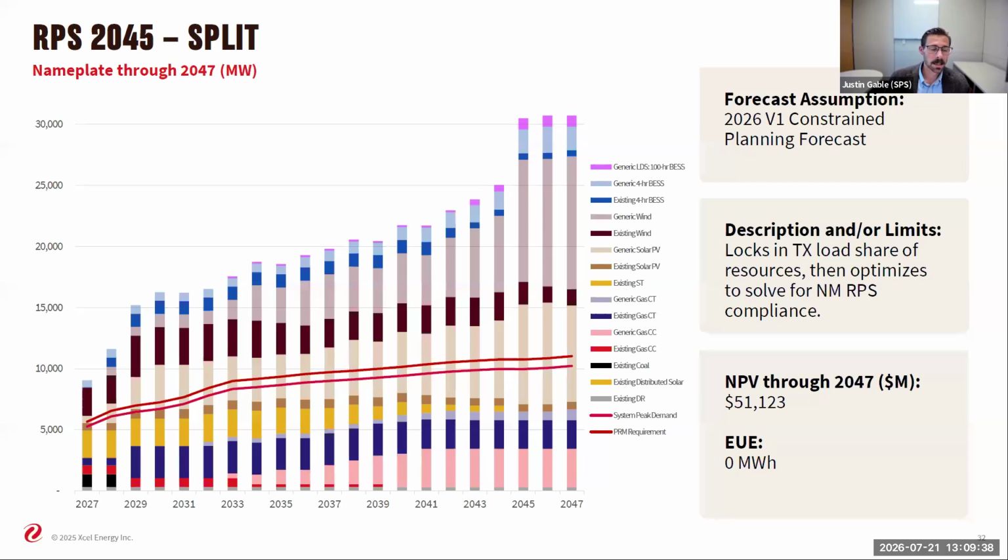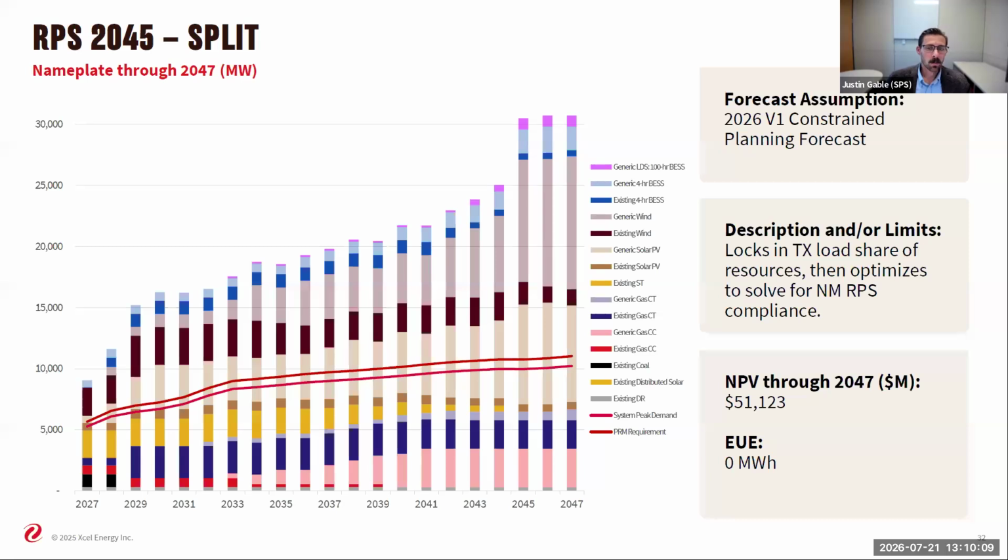So the idea here is that we are trying to maintain the impacts from state-specific policies to each individual jurisdiction while still maintaining the indirection, which is no more thermal resources for New Mexico, and getting to the 100% carbon zero requirement. So it's a two-step approach, only adding renewables or non-carbon emitting resources and including the RPS constraints.